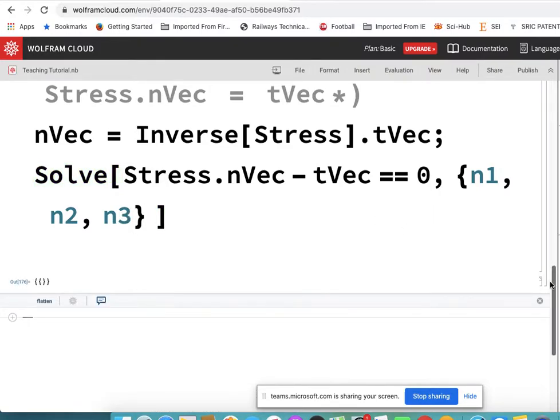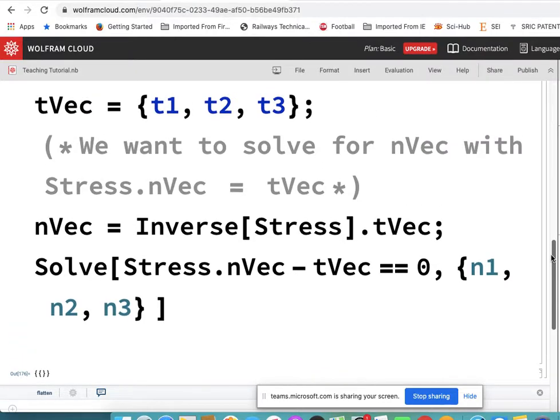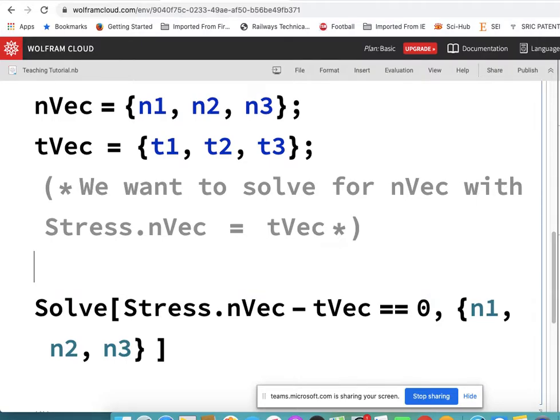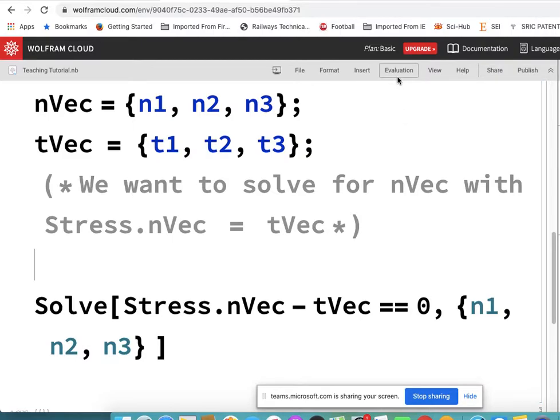Just one second, something is messed up. I have defined n vec here, I should not be defining it.